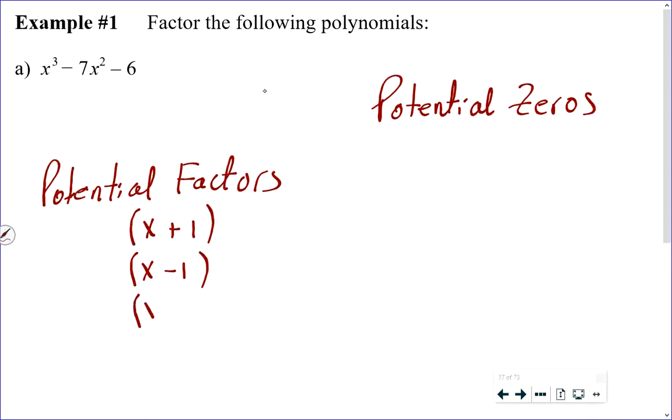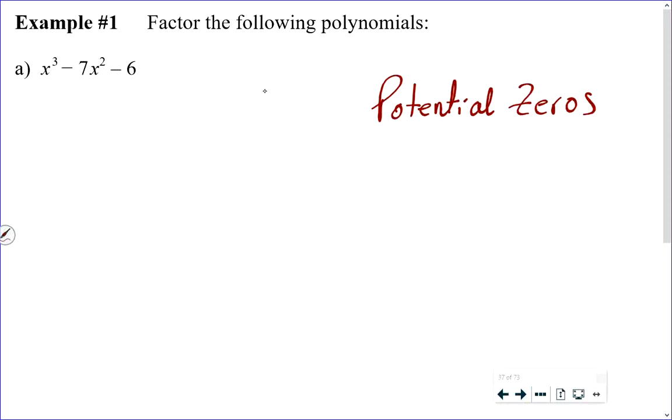Could be x plus 3, because negative 3 is a factor of 6. You get my drift here? Well, all I'm doing instead, I think this is not necessary. You can get away on a written response with this and just say, those numbers. There may be other numbers because of those other weird factors that are not x minus a's, but these are the integral potential zeros, the integers.